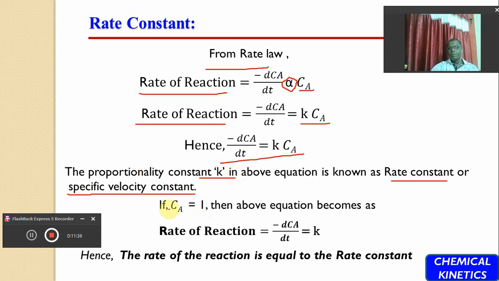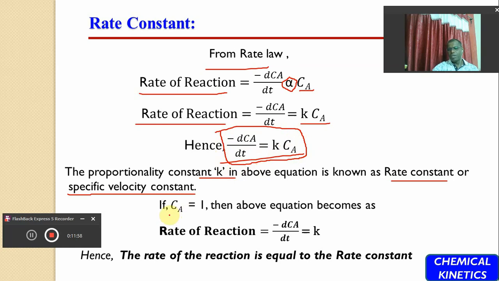But here we are interested in defining this velocity constant. According to the rate law we got minus dC_A by dt is equal to K, the velocity constant or rate constant, into the concentration of reactant.